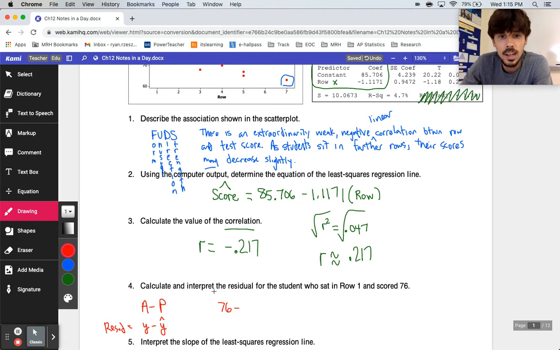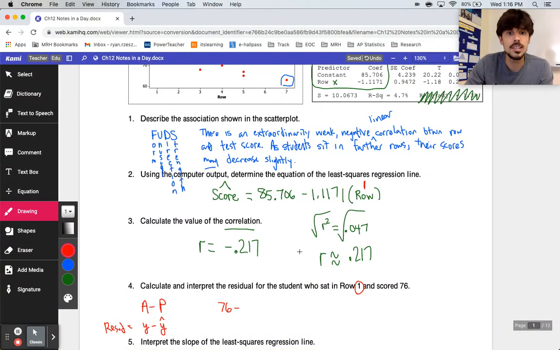And I need to subtract out my prediction, which is going to be me plugging a 1 into my equation right here. You've got to plug a 1 into that LSRL equation. So if I do that for this problem, I have to do 85.706 minus 1.1171 times 1.